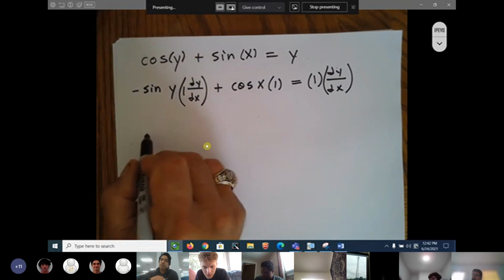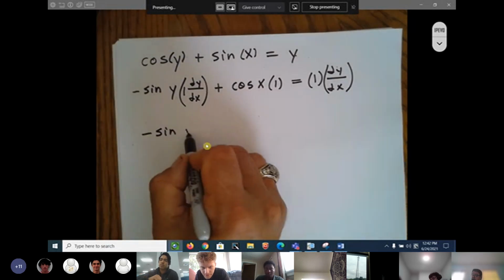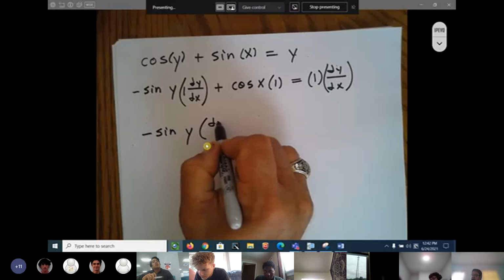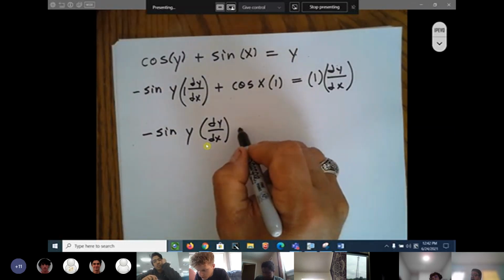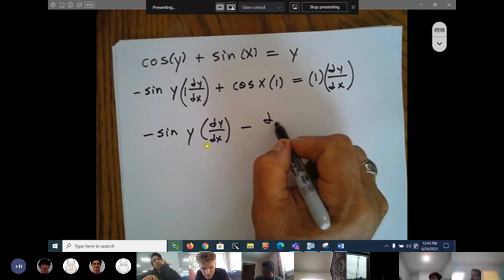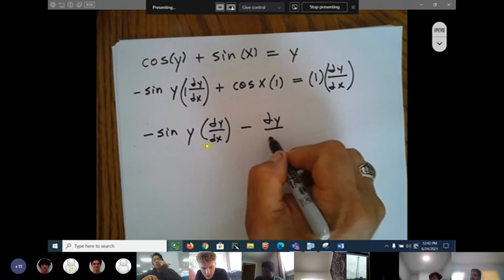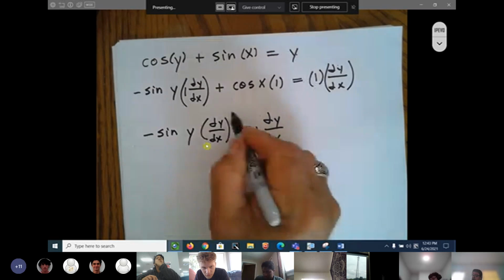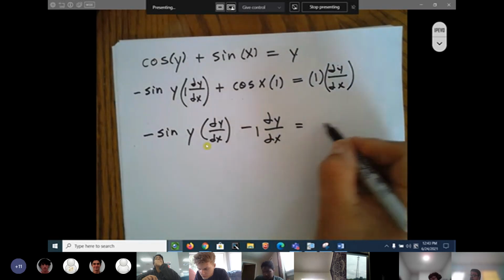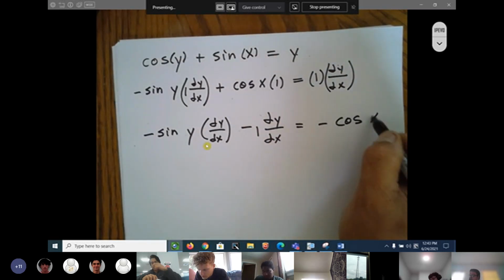So negative sine y dy dx minus 1 dy dx. I'm going to put a 1 right there so you know it came from here. Is equal to negative cosine of x.